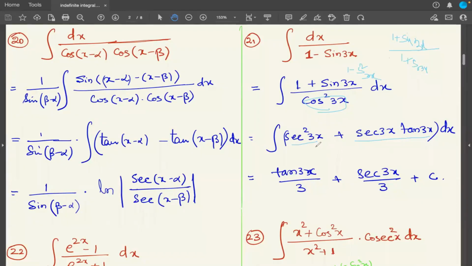Now we apply property 4, which we already read in our first lecture.